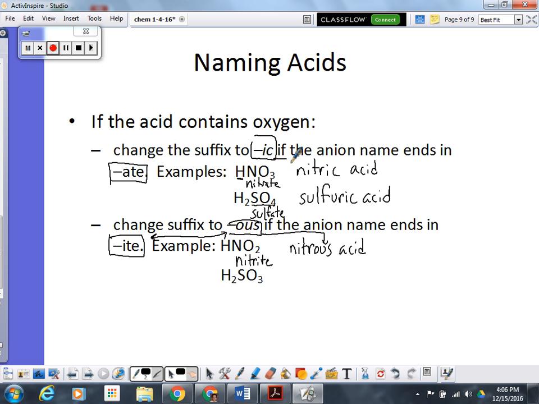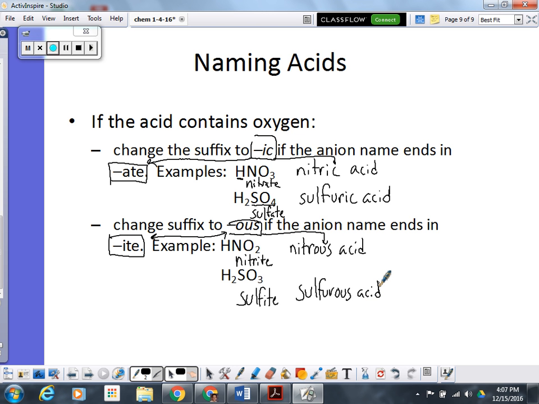IC ending, because the ending of the polyatomic ion is ATE. So last example, SO3 is sulfite. So ITE comes off, OUS comes on, but it does the same thing as it does up here. That would be sulfurous acid.